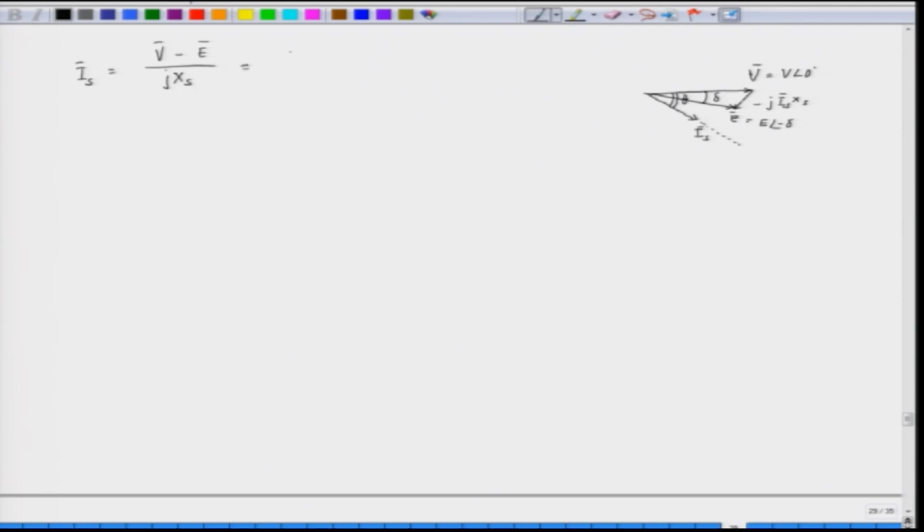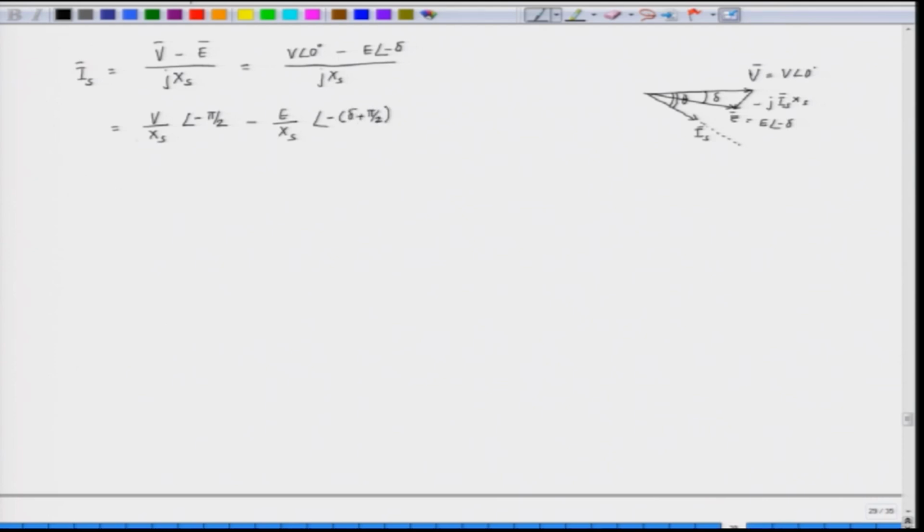What is the applied voltage? Applied voltage is V angle 0. What is the induced EMF? It is E angle minus delta, and this is jX_s. So, that is equal to V by X_s into angle minus pi by 2, or 90 degree, minus E by X_s angle minus delta plus pi by 2.